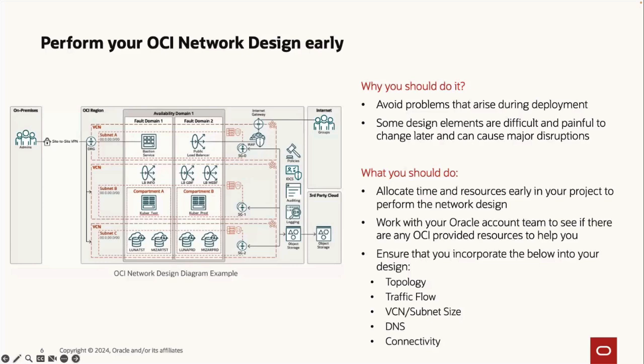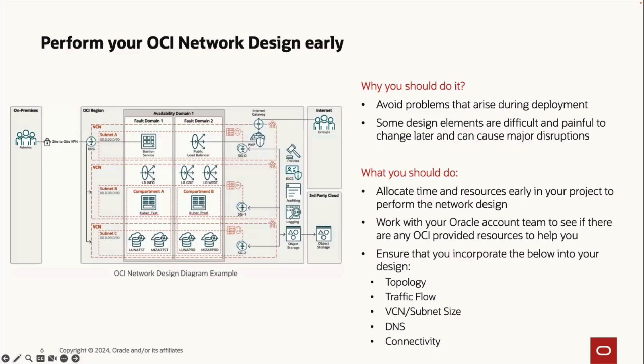But just make sure when you're putting this design together, you think about the topology of things, and I'm going to cover this in the next slide too: how you want to segment your traffic, especially from a security perspective. Think about the traffic flow. Where's traffic coming from? Where's it going? How's it going to get there? Think about the size of your environment, the VCNs, et cetera.